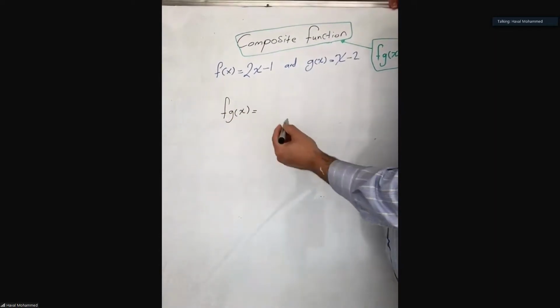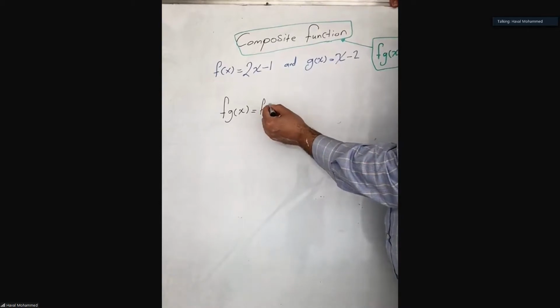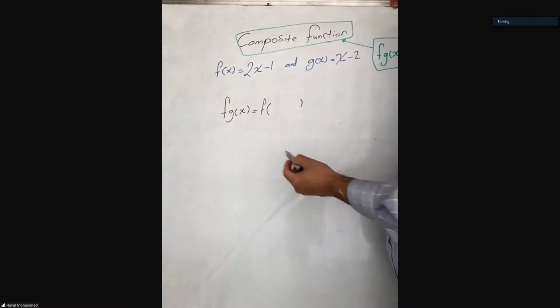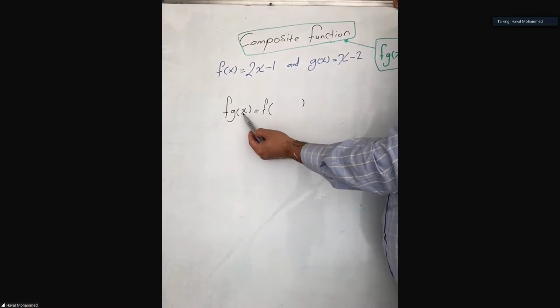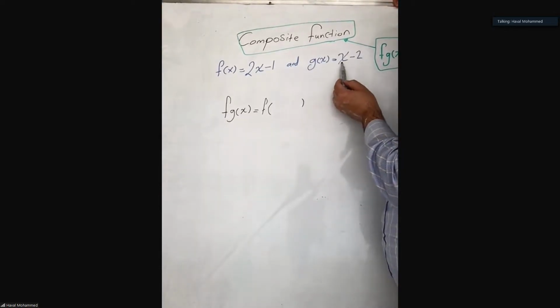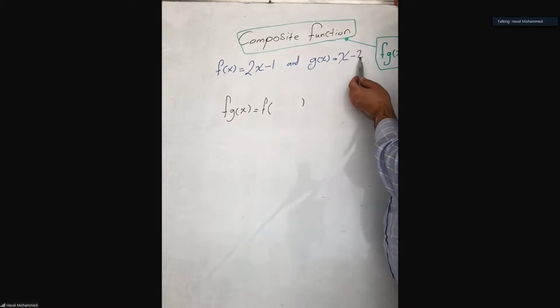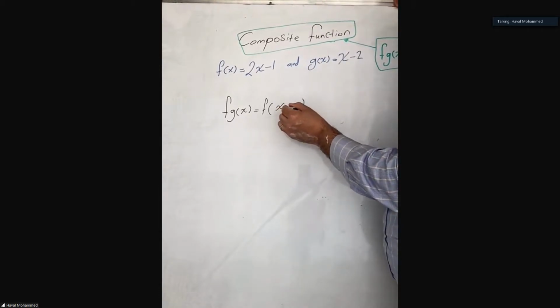Straight away, what you do, you write f and a bracket. Instead of g x, replace it with x minus 2, because g x is equal to x minus 2.